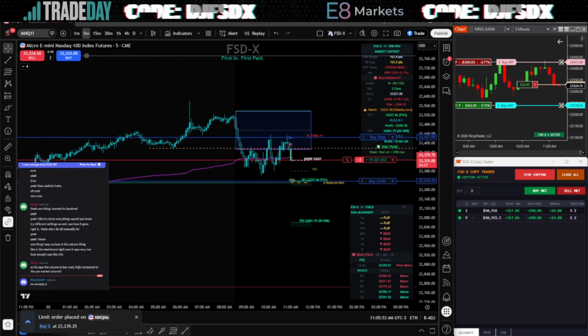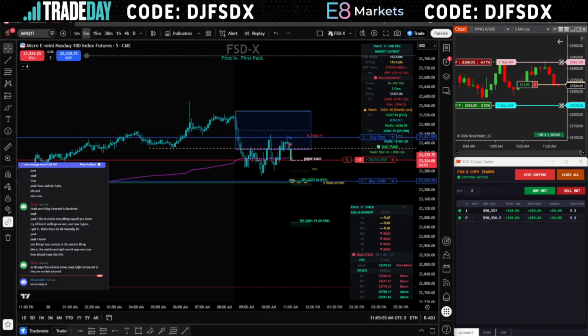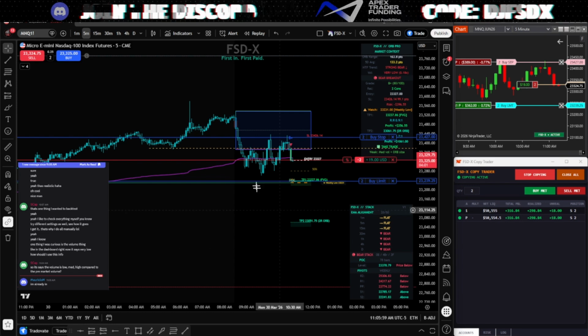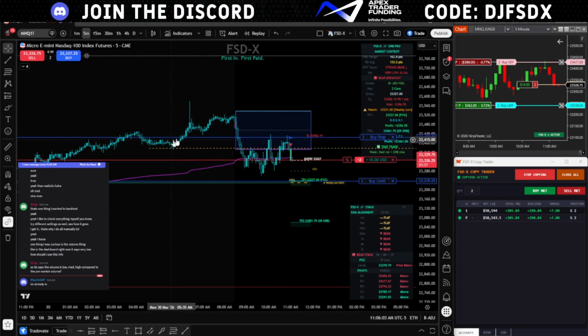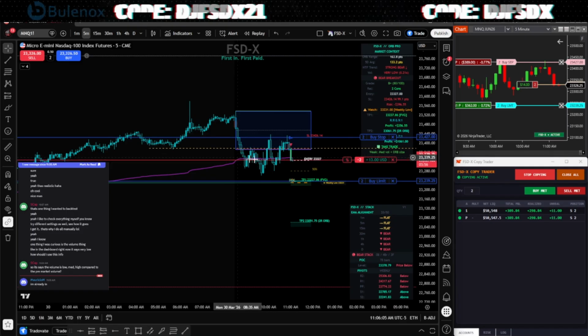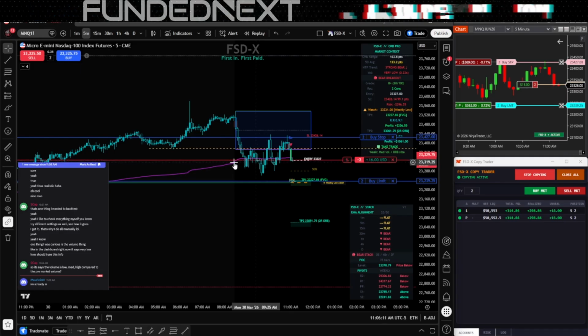So it's going. I can't remember exactly. I would actually have to double check, but it's going off of the past X amount of candles. So it's looking at X amount, and then saying, okay, the average volume is X, right?